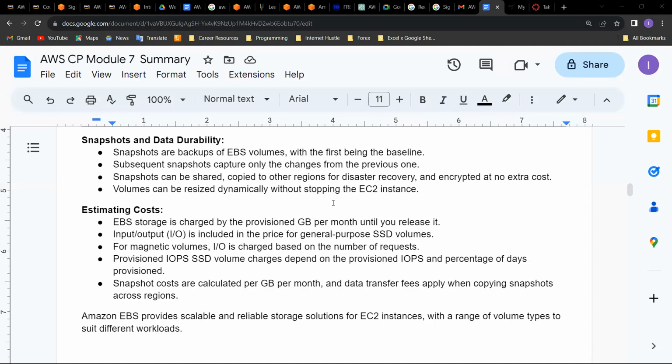Snapshot costs are also calculated per gigabyte per month, and data transfer fees apply when copying the snapshots across regions. So more or less like data out, right? When you are transferring the data outside the regions, then you are also charged for data transfer fees.